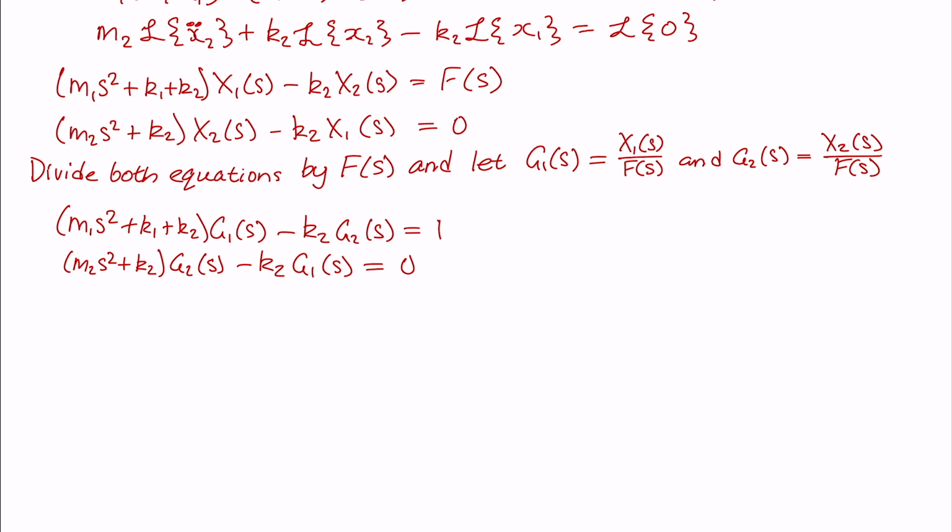We're going to take the second equation and solve for g1 of s. We're going to find that g1 of s is equal to m2 s squared plus k2 divided by k2, multiplied by g2 of s.